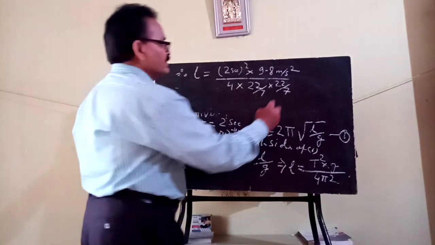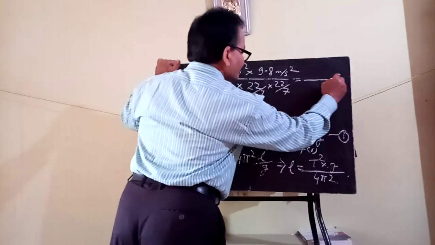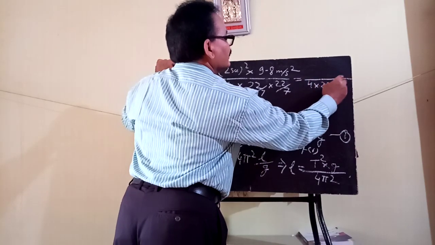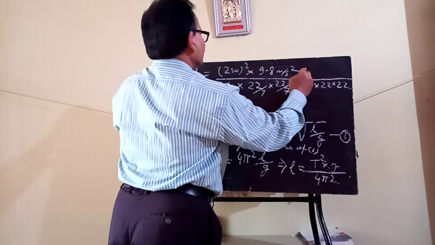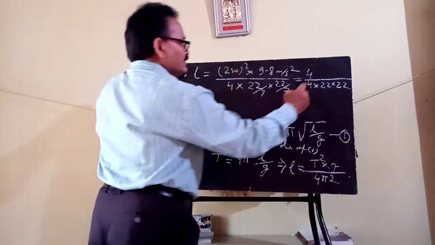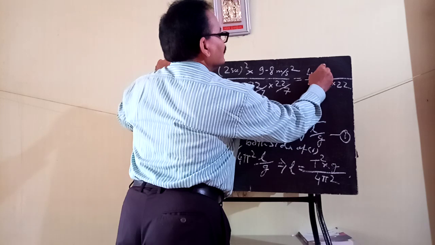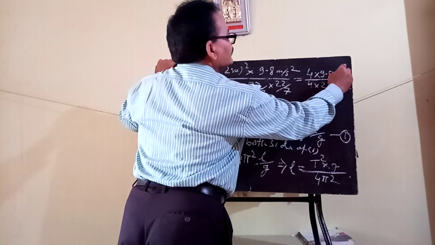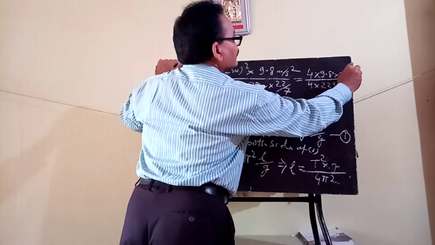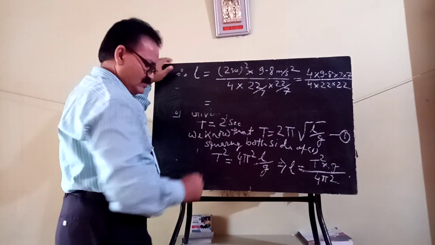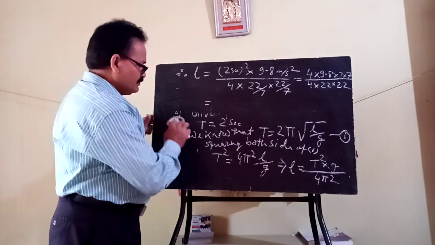So here you can write 4 into 22 into 22 in the denominator, and in the numerator this is your 4, 2 square means 4, into 9.8 into 7 into 7. Okay, what will happen now?